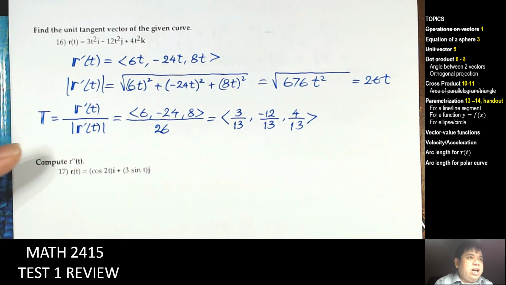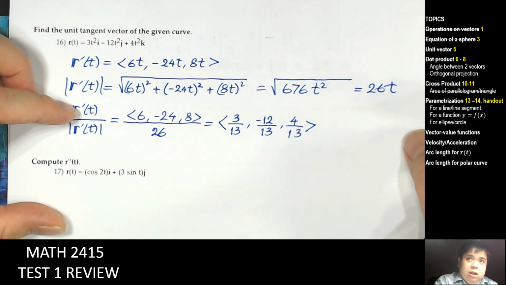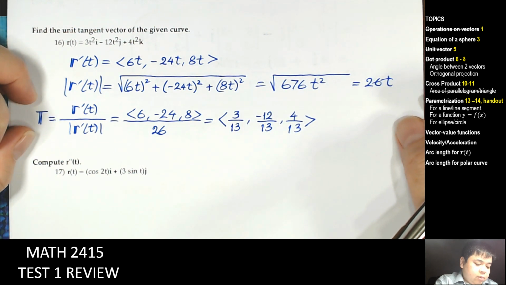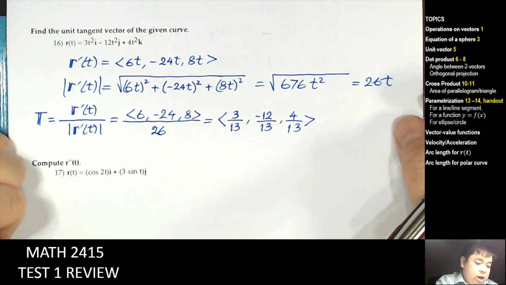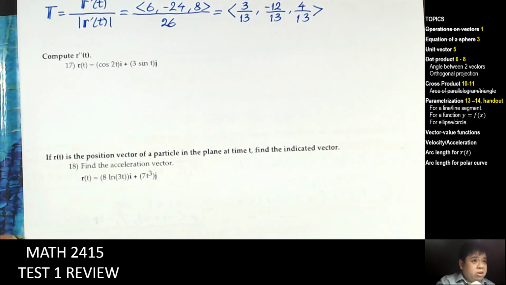Second derivative, that's straightforward. We take the second derivative. And then we have the acceleration vector. So acceleration is just the second derivative.